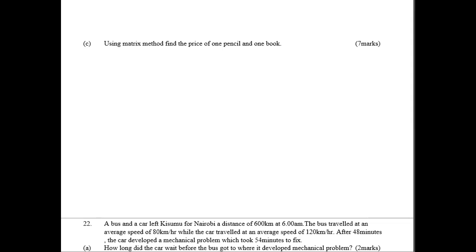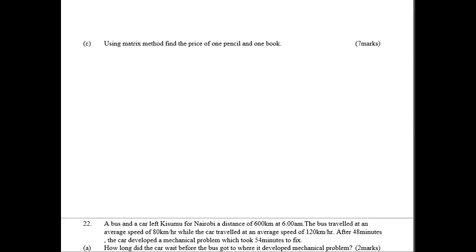After 48 minutes, the car breaks down and it takes 54 minutes to fix it. The first question is, how long did the car wait before the bus got to where it developed mechanical problem?